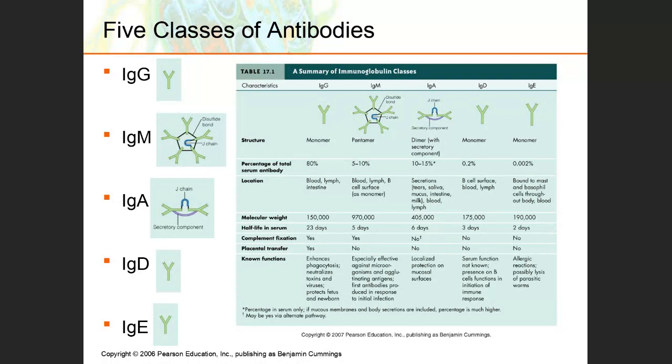What's a way to remember IgG, IgM, IgA, IgD, IgE? How are you going to remember that for the exam? GMADE, right? So GMADE is the way that all students used to remember it. Right, so GMADE. So let's talk about each class.